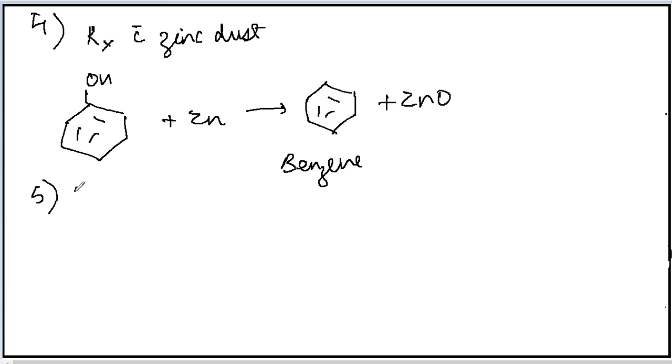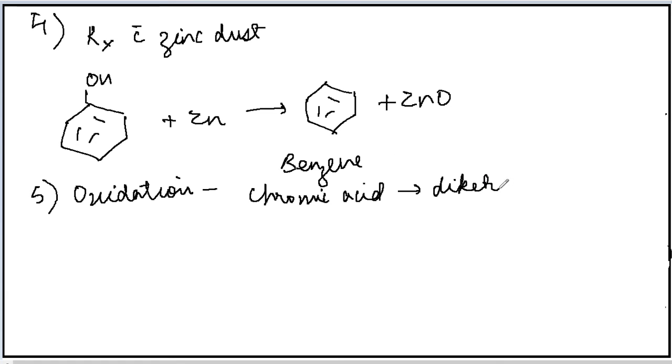The last reaction of phenol is the oxidation reaction. When phenol undergoes oxidation reaction, the oxidizing agent that is used to bring about the reaction is chromic acid. As a result of this oxidation reaction, a diketone is formed from phenol.